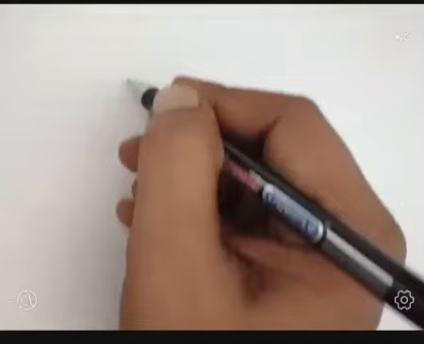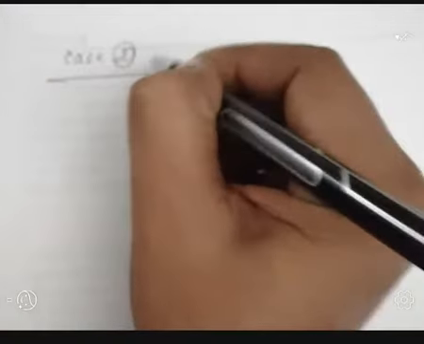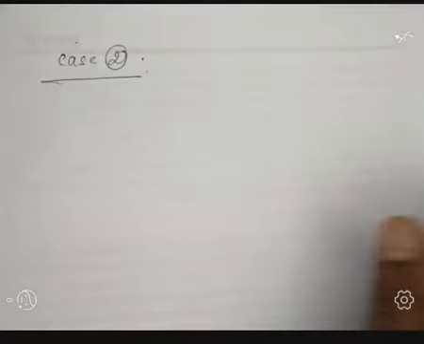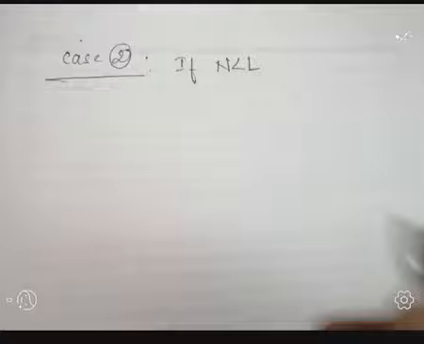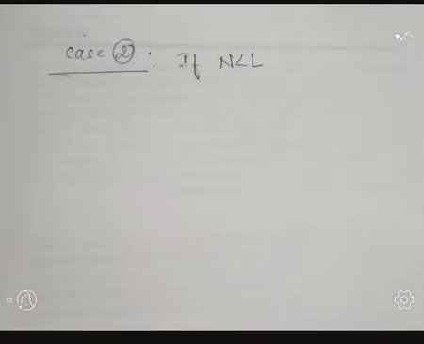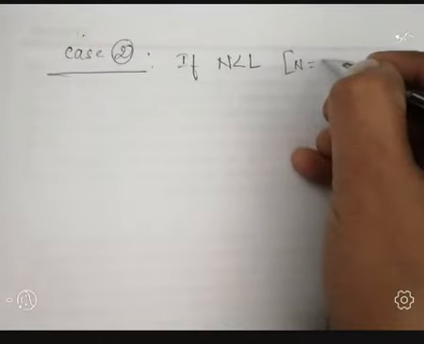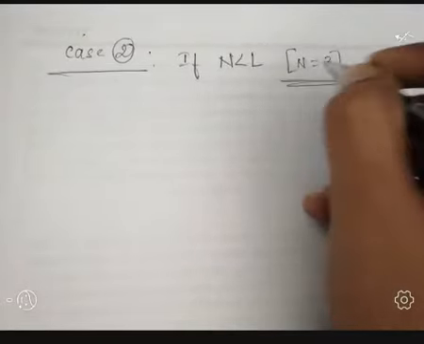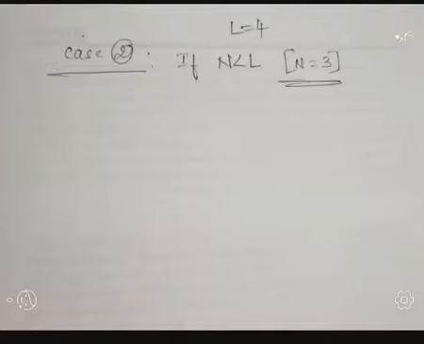So the second case, case number 2. If N is less than L, what happens? Here I will assume N equal to 3, because the given sequence x of n contains 4 samples.